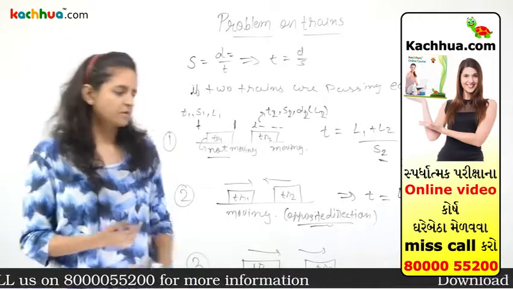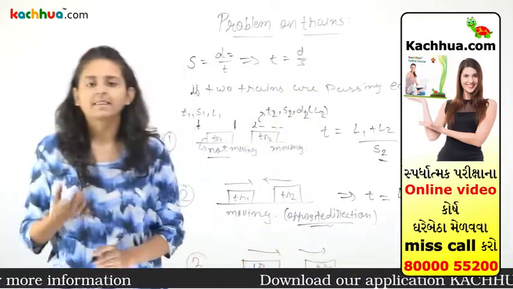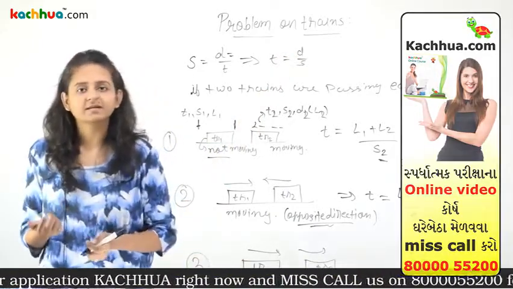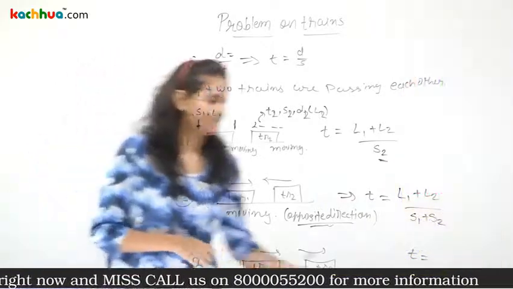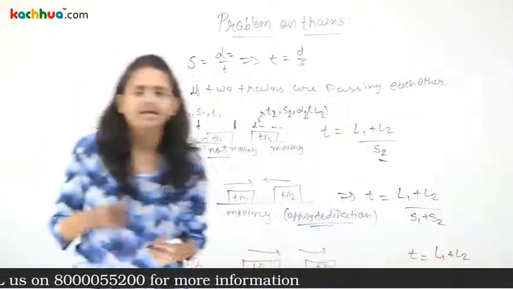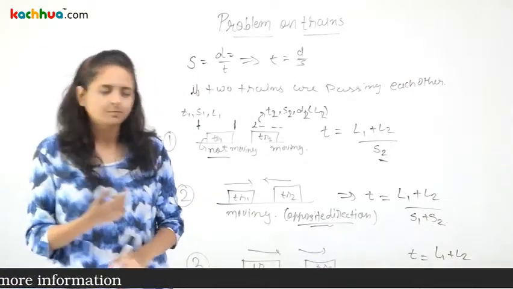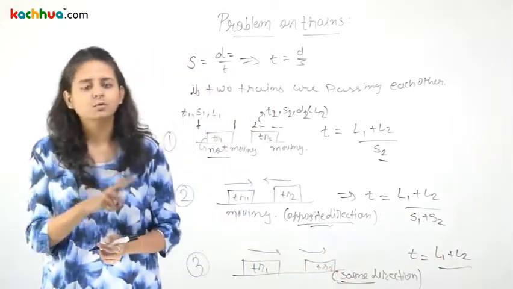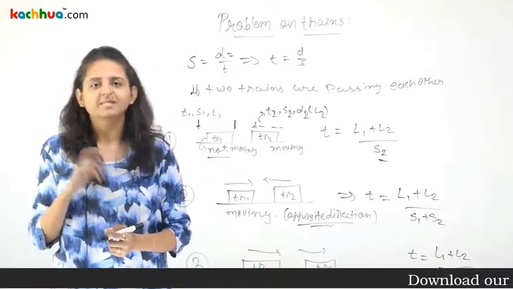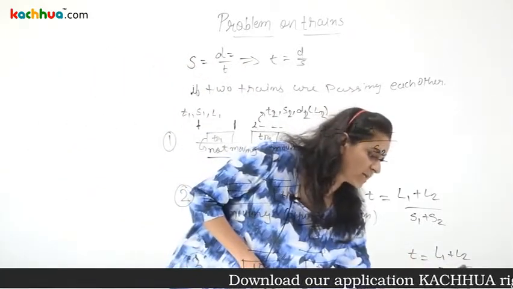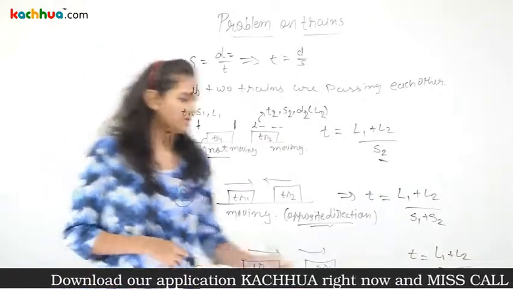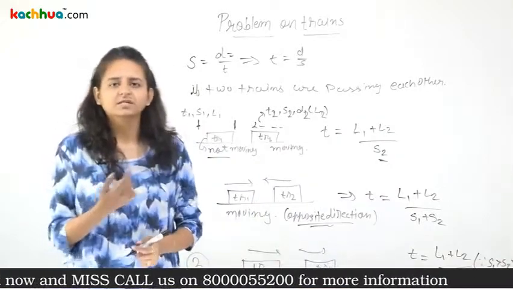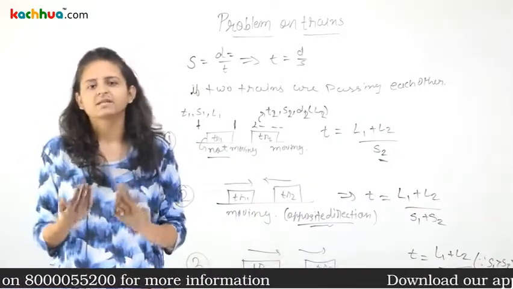Now, as I told you before, T will be equal to, the distance will be, because there are two trains, L1 plus L2, that is length of train 1 and length of train 2, divided by, now over here it is same direction. So what will we write? The speed will be subtracted. So S1 minus S2. Over here, the condition is S1 greater than S2. If S2 is greater than S1, then we will write S2 minus S1.